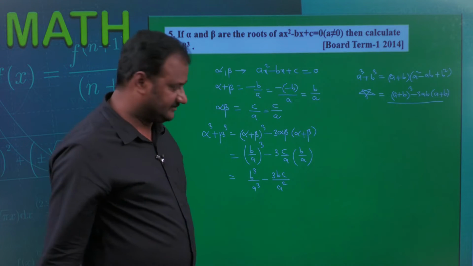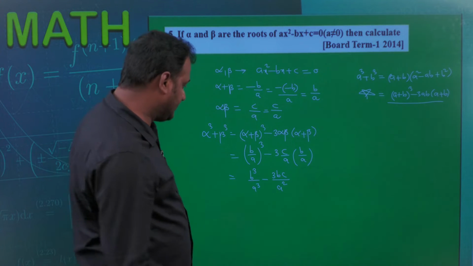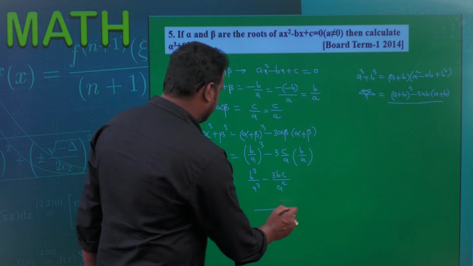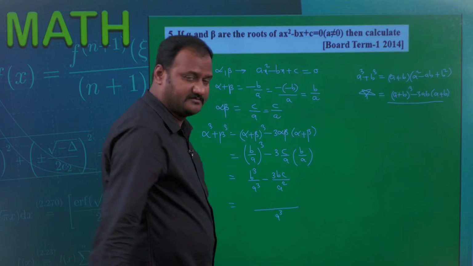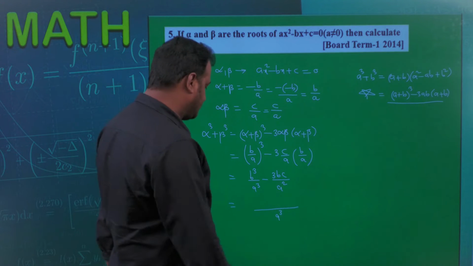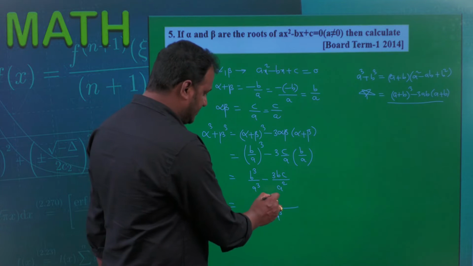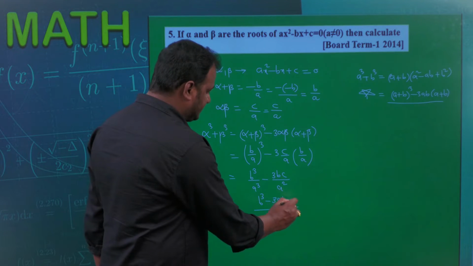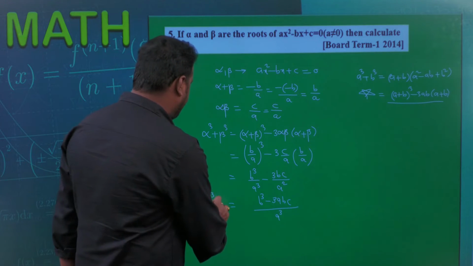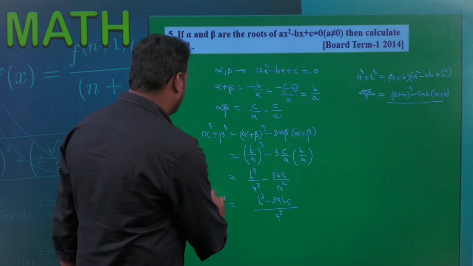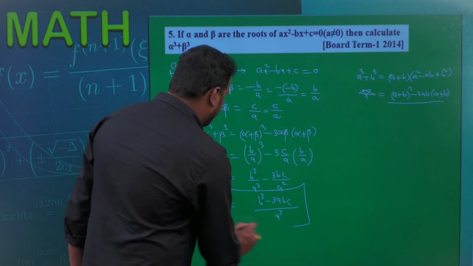Because this is a into a. If you want its simplest form, then you will have to take LCM. LCM is going to be a cube, because a cube and a square LCM is a cube, and here it is b cube minus 3abc, since an a is missing. This is the value of alpha cube plus beta cube for the given equation.